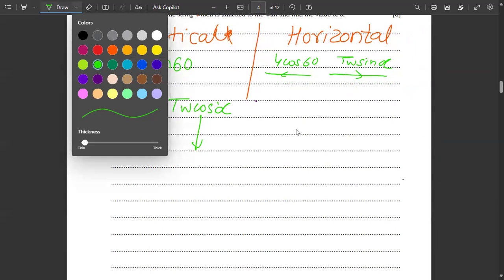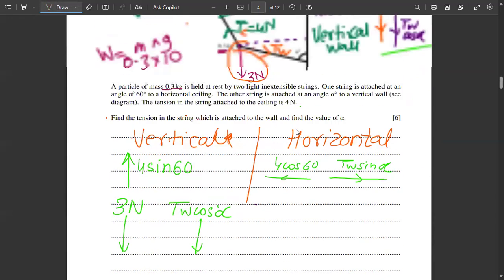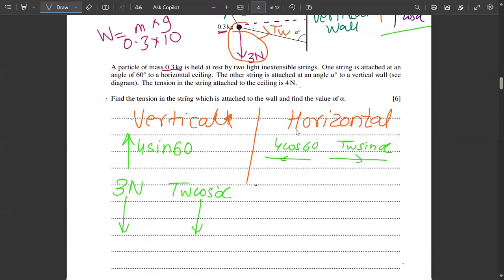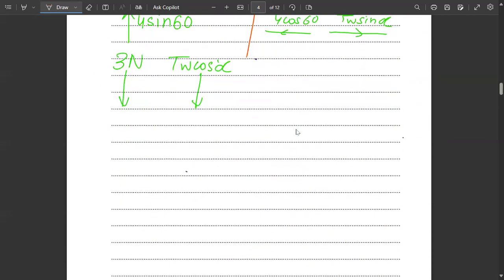So now let us resolve it. Here we can see that the system is in equilibrium. So we can equate this. 4 sine 60 will equal 3 Newton plus TW cos alpha.